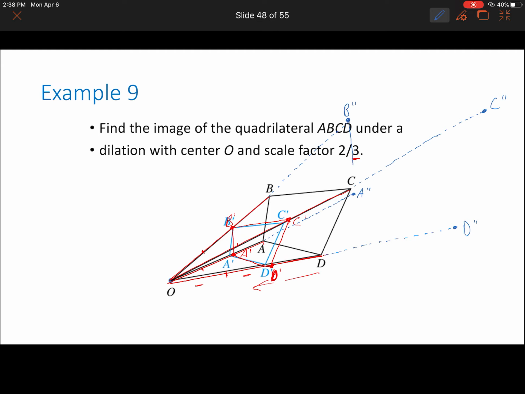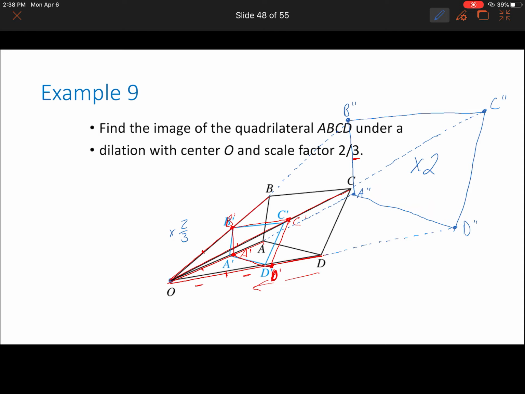And so you could have taken this same figure and you could have used a scale factor of 2 to get this shape. That would be twice as big as the original. So this is times 2, or twice as big. The original one was 2/3 the size.